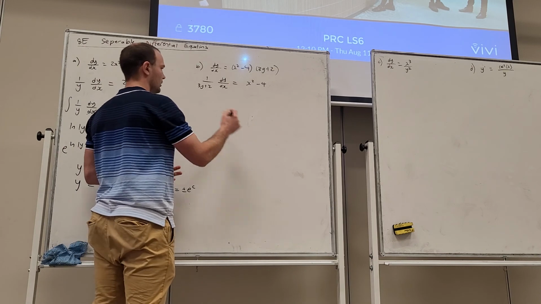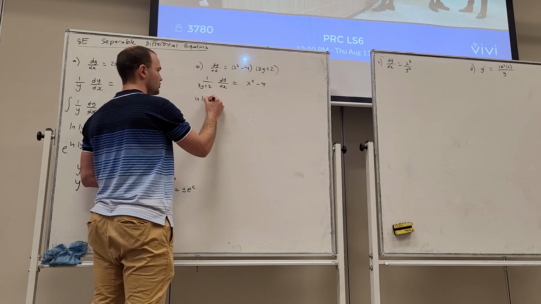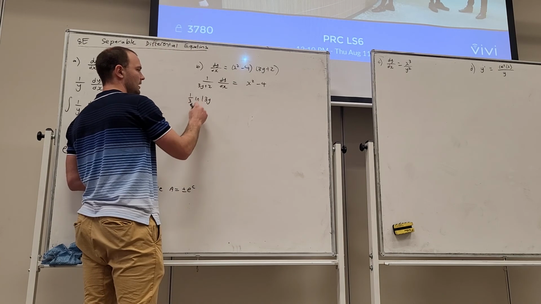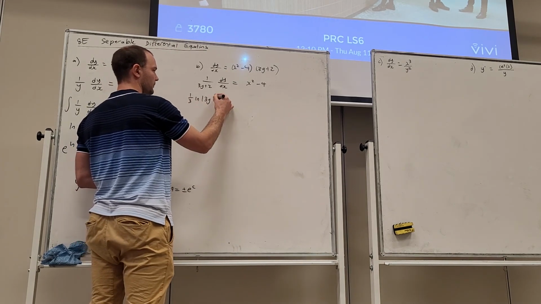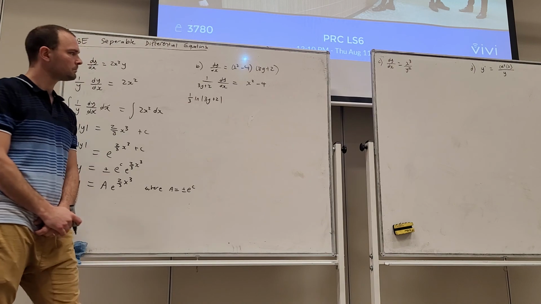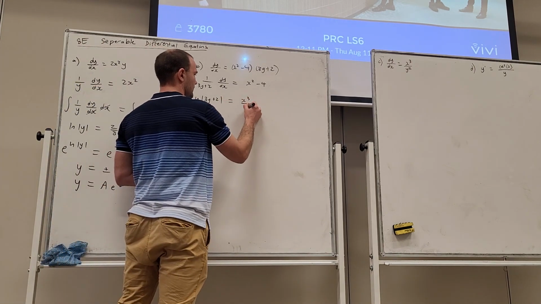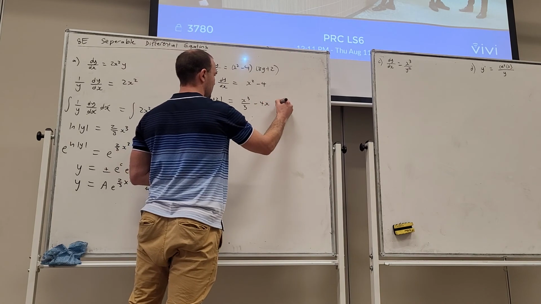So what are we going to have? We're going to have 1 on 3, ln modulus of 3y plus 2. And then over this side, we'll have x to the 3 on 3, take 4x plus c.